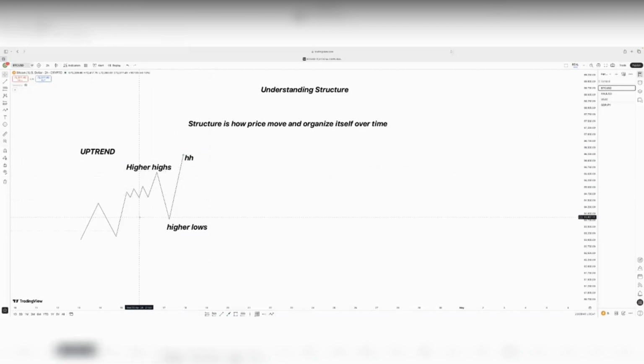Although price can be consolidating a little, the overall trend is an uptrend if you see price creating a series of higher highs and higher lows. When a low creates a high, that trend is called an uptrend.